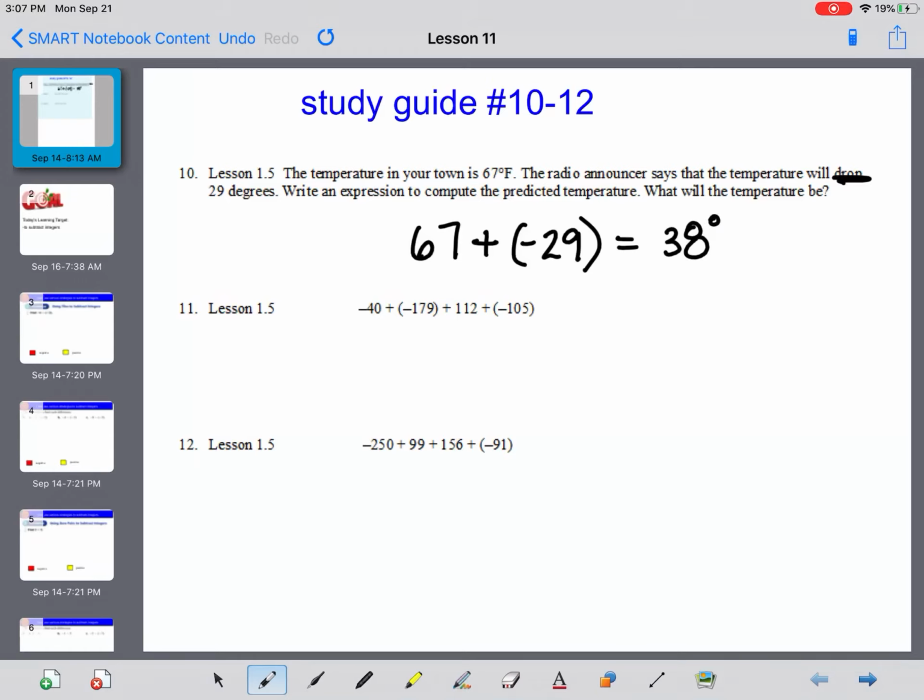The next one, negative 40 plus negative 179 plus 112 plus negative 105. We're going to start here with these two, and I get negative 219, and then rewrite everything.